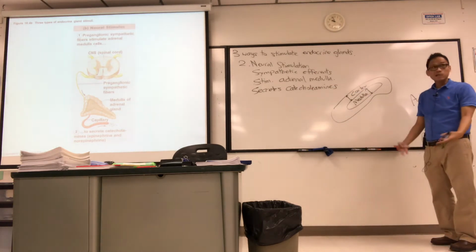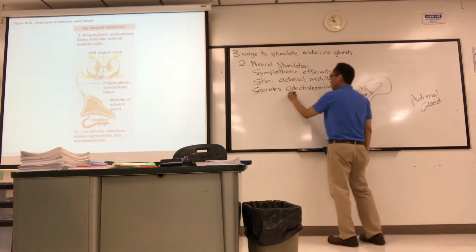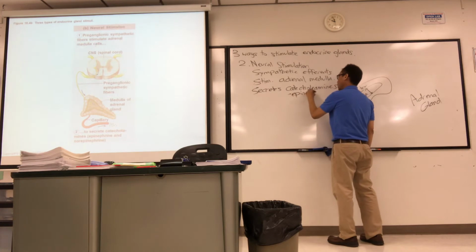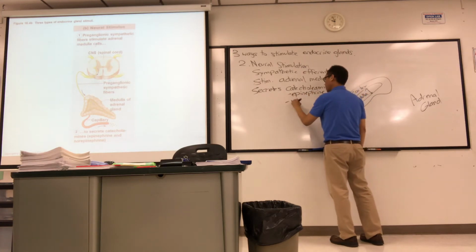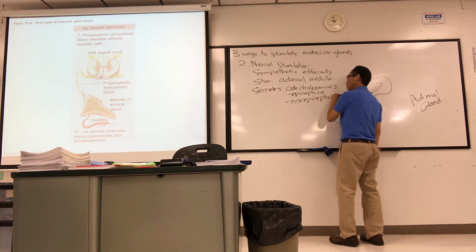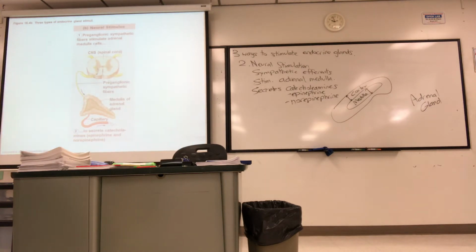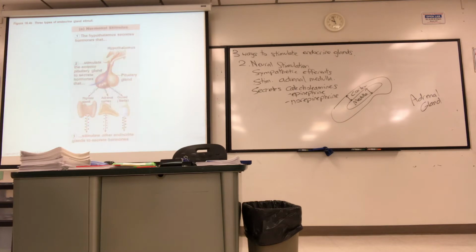It used to be called adrenaline, right? Now it's called epinephrine, norepinephrine. Those are the catecholamines. When you exercise or when you get scared in a stress response, you have neural stimulation of the adrenal medulla. That's another example of stimulating a gland.